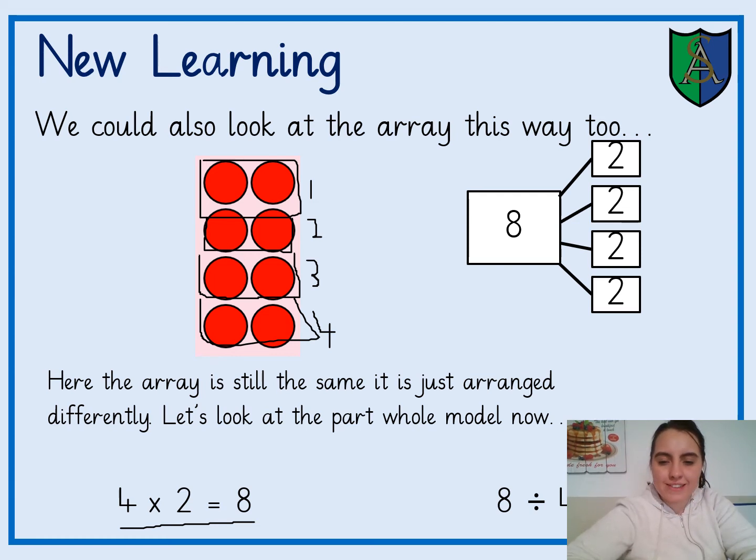And if we were looking at our division, we would do 8, because that's our whole, and we're going to share it by 4 groups, which would equal 2, because in each group there are 2. Each group is worth 2. If we had 8 sweets and we were dividing them between 4 children, each of the children would get 2. Okay?